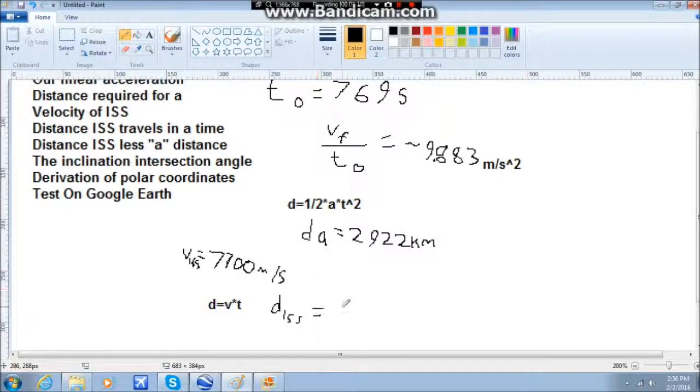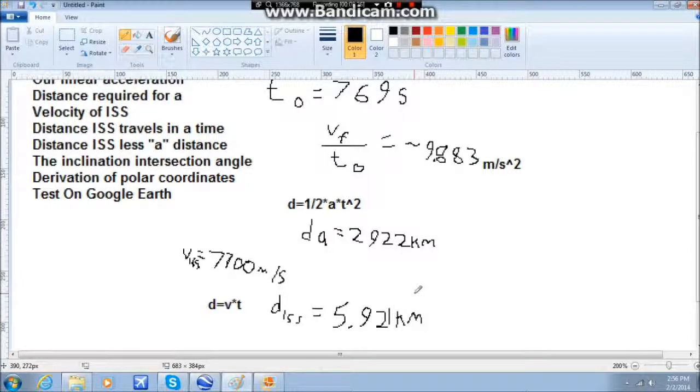And we find that DISS, the distance the International Space Station travels in our ascent, is 5,921 kilometers. Now this is going to be the distance the ISS travels as we're taking off.